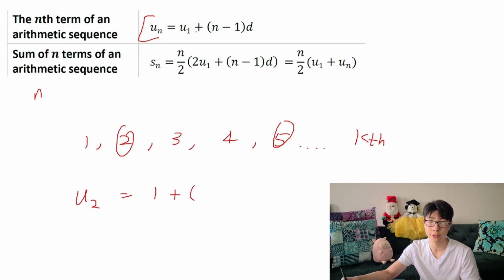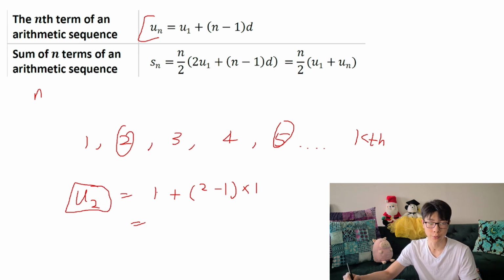We chose u_n to be second, so n must be 2, and the common difference, which we established to be 1 in this case. Therefore, if we want to find the second term without knowing what the second term is, we simply need to substitute into this equation, which we already did. So 1 plus 1 times 1 is 1 plus 1, which is 2.